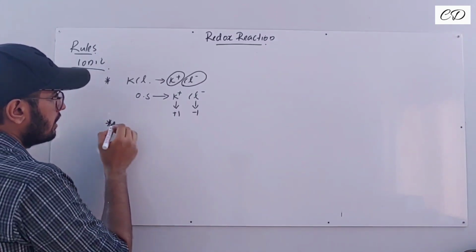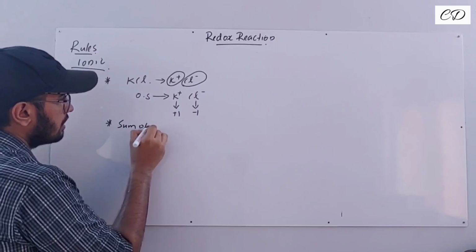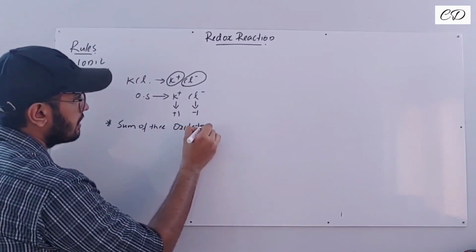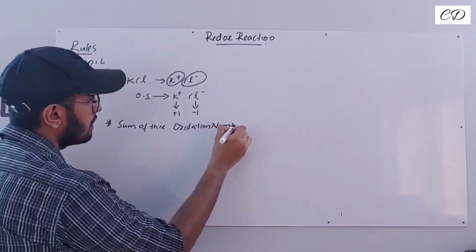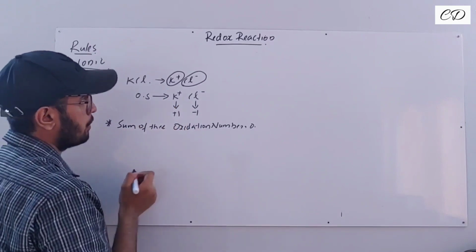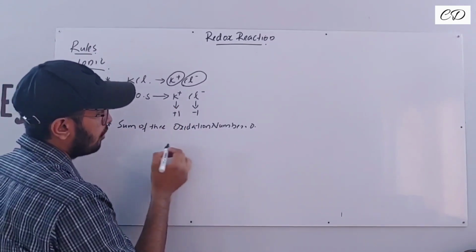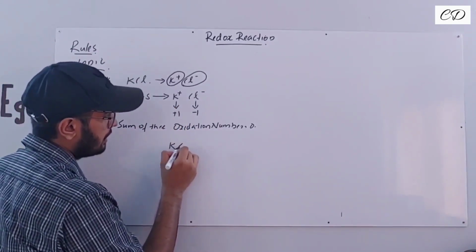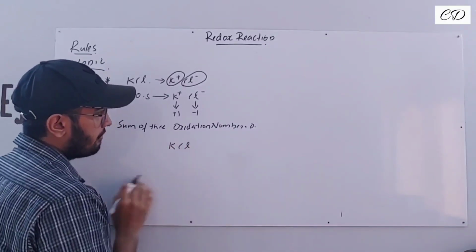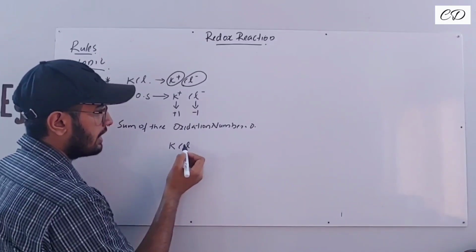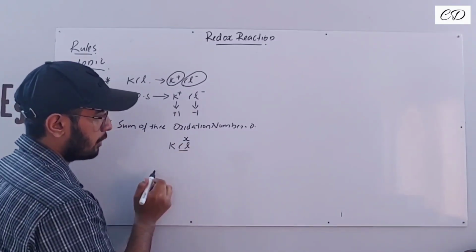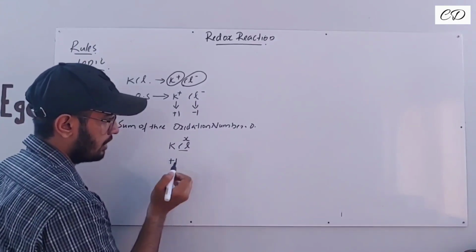The next rule is, the sum of the oxidation numbers is equal to 0. If we want to find the oxidation state of chlorine in potassium chloride, we will consider chlorine as X, and we know that potassium has an oxidation state of +1.